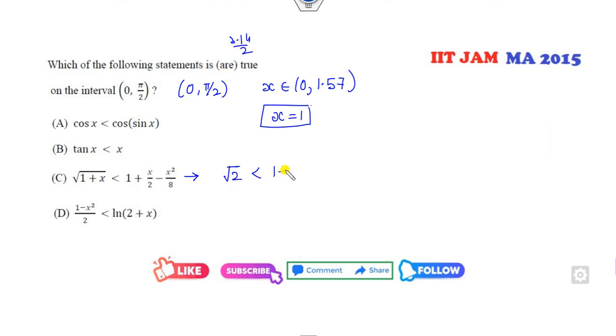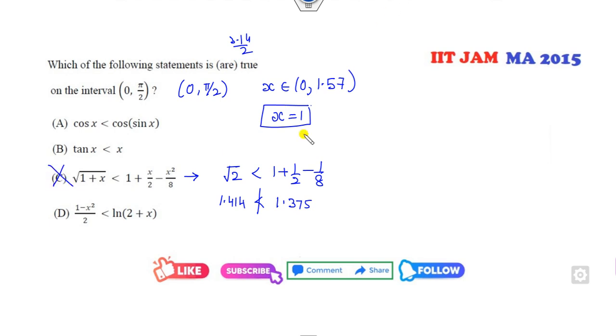Is it less than 1 plus 1 over 2 minus 1 over 8? So you can use again your calculator. This is my 1.414. This number will be 1 plus 0.5, that is 1.5, minus 1 divided by 8. So this number is my 1.375. So clearly it is not satisfied.